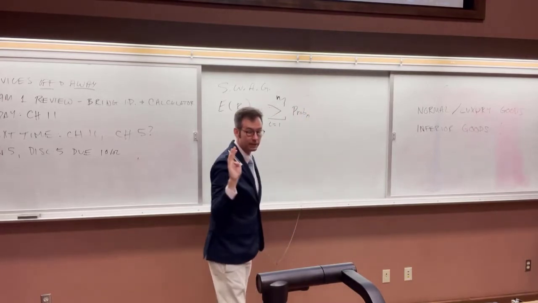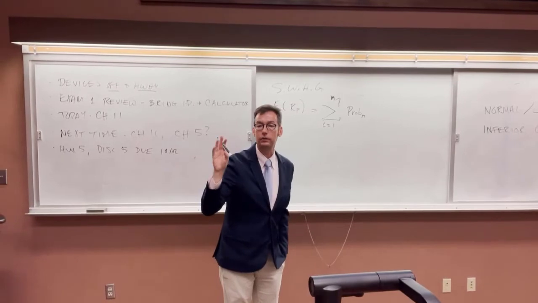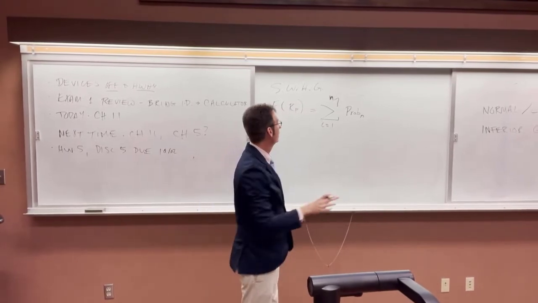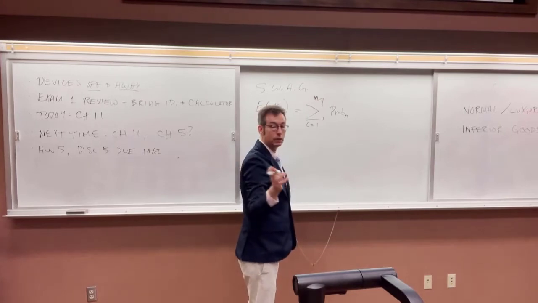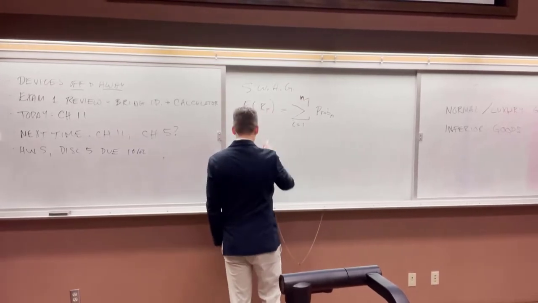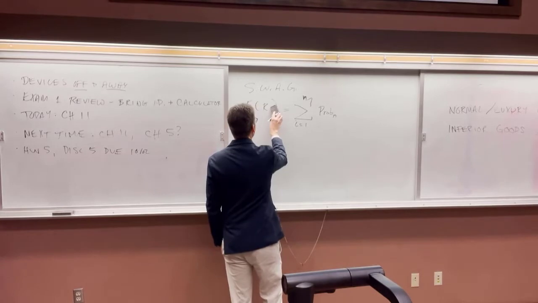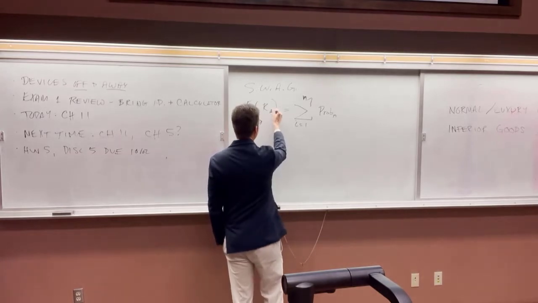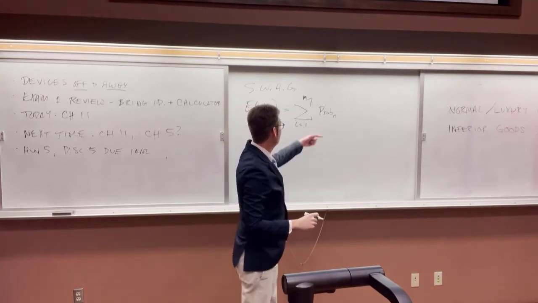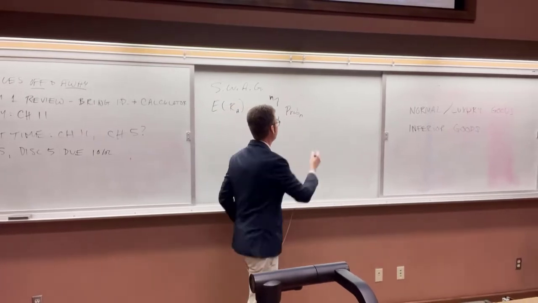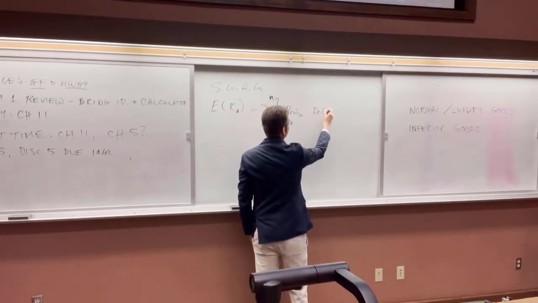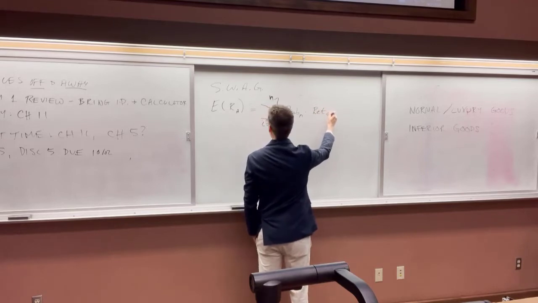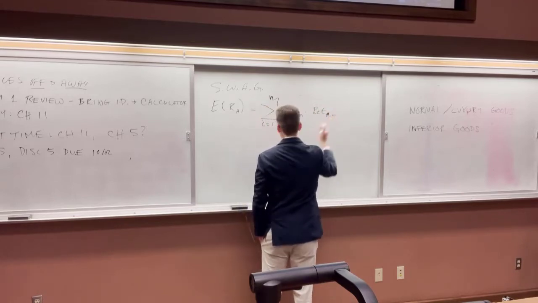Oh, sorry, we've got n scenarios, so we've got n probabilities. In this case, it would be 4. Actually, we're going to do this as a return for stock A. Sorry, I'm getting ahead of myself. Okay, the probability of the state of the economy n times the return of stock A in scenario n.